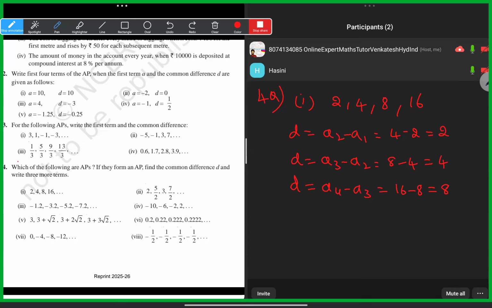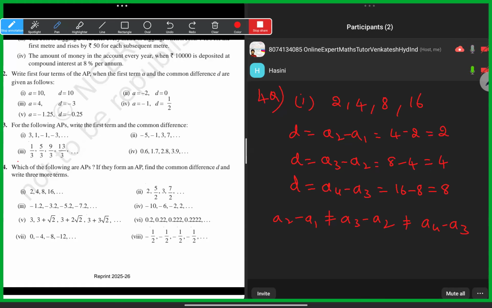So did we get the D value A2 minus A1, A3 minus A2 and A4 minus A3 equal? No, sir. Actually, we can stop at A3 minus A2 only, because A2 minus A1 became not equal to A3 minus A2. There, we need not do A4 minus A3 at all. Because first two only became not equal, so no need of finding out the next one.